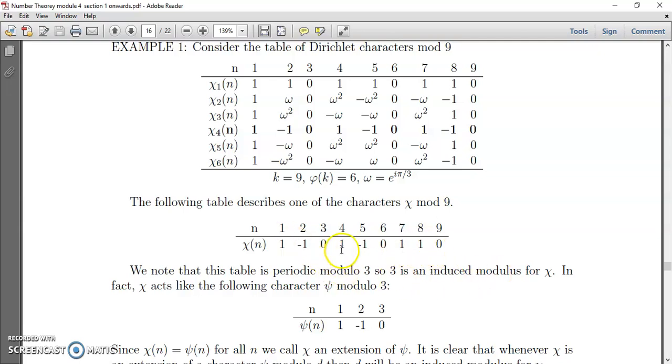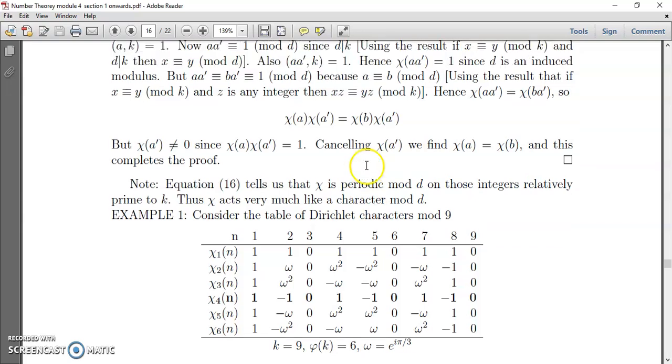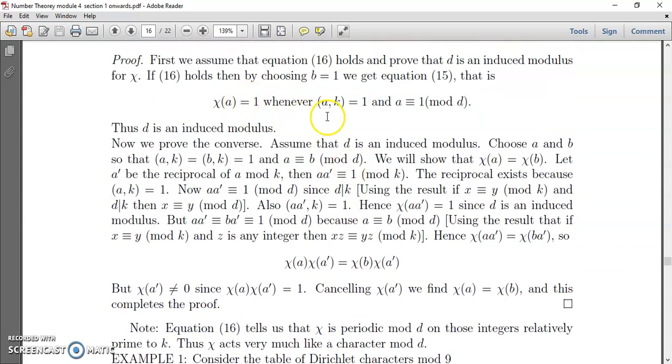What is meant by induced modulus? For any numbers with this condition, that is, whenever GCD of A and k is 1 and A is congruent to 1 mod D, we have chi of A is equal to 1. This is the condition. If this is satisfied, then we say that D is the induced modulus.